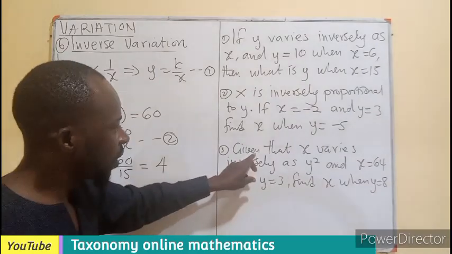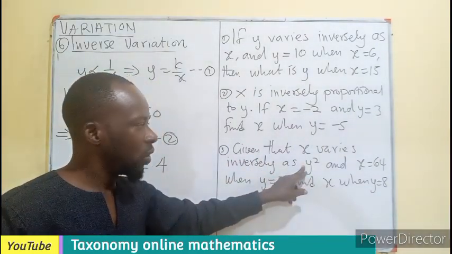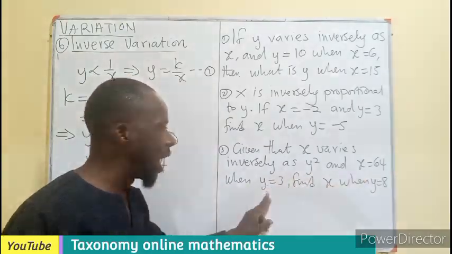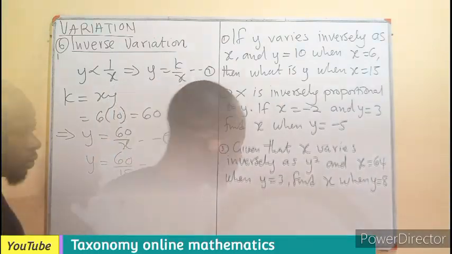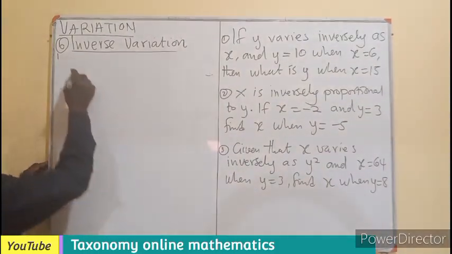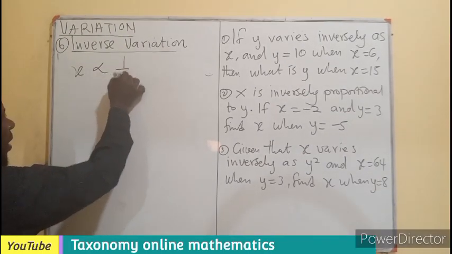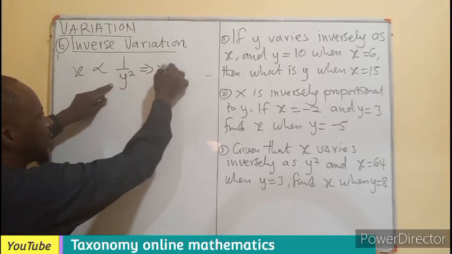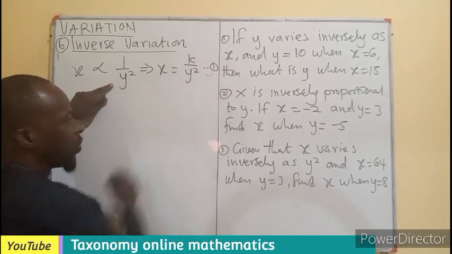Let's look at this. Given that x varies inversely as the square of y, we have x to be 64, y is 3. So now we are going to find x when y is what? 8. So you can see from here, x varying inversely as the square of y translates to mean x equals k over y squared, the first equation.